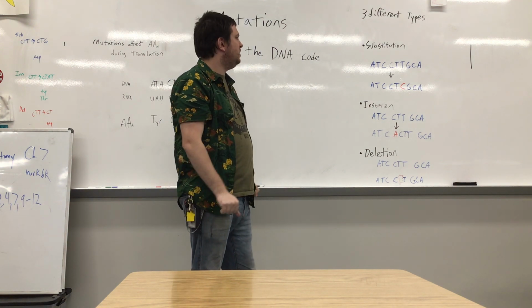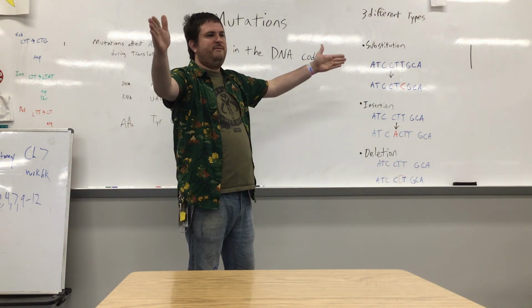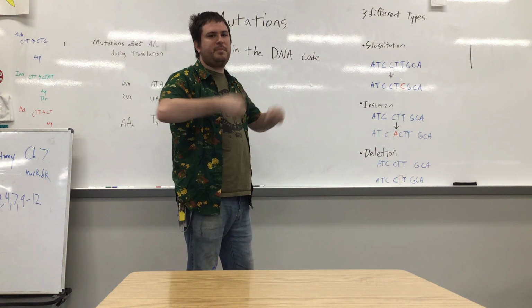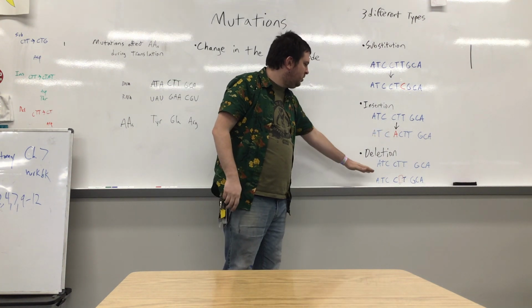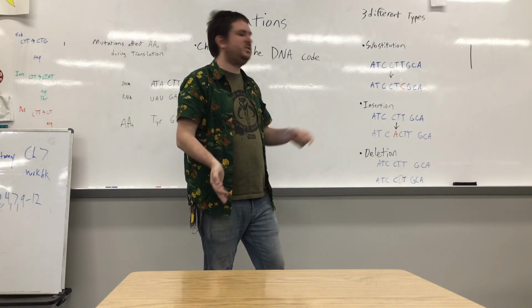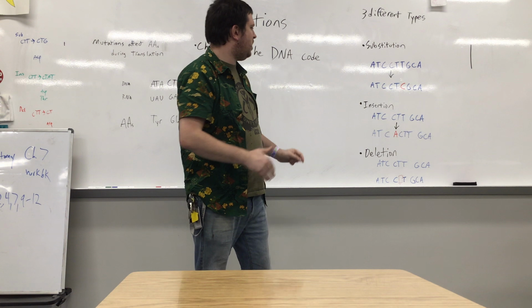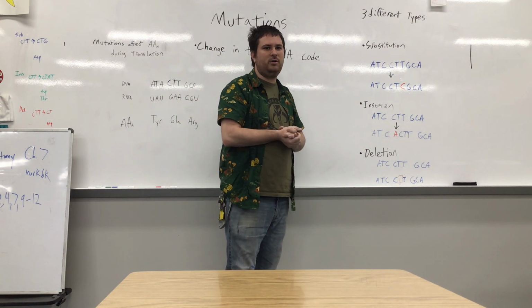You could have a substitution where 45 letters in a row get replaced with something, or 45 letters get inserted here, or an entire section of DNA, hundreds or thousands of letters get deleted. We're just focusing on what they look like at the single letter level.